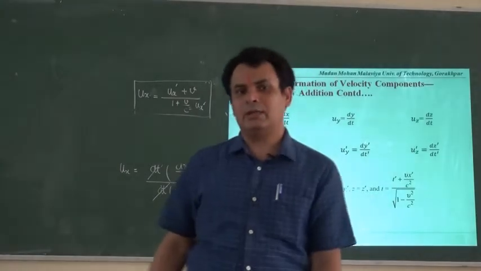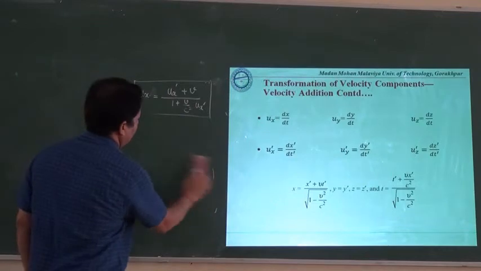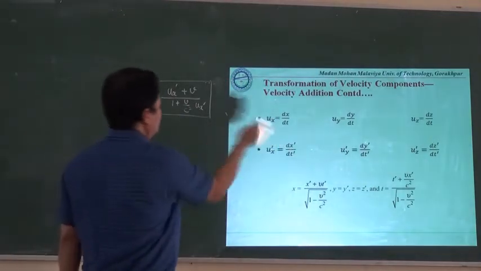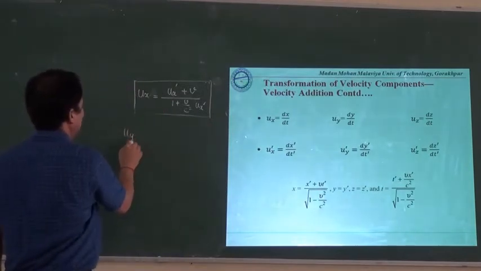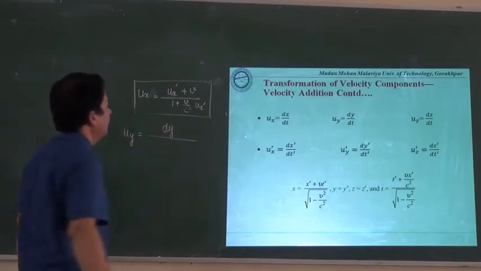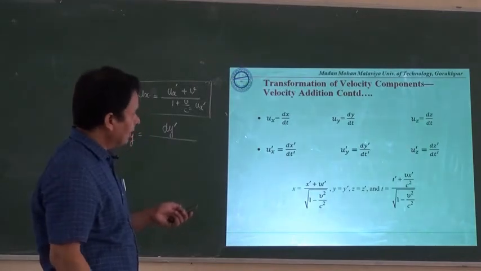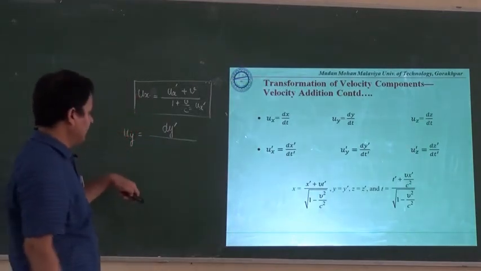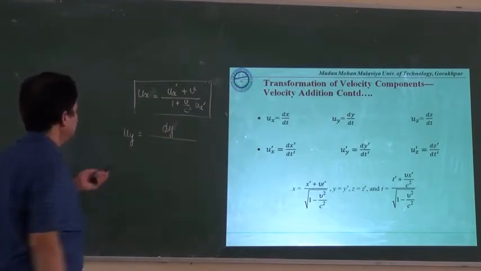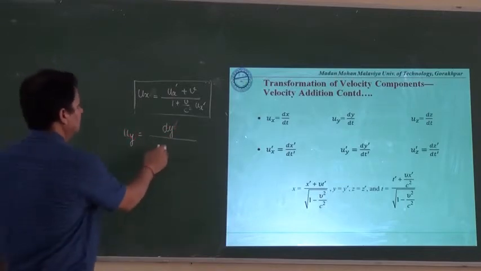Now we will talk about the transformation of the other components, that is the y and z components. Let us see what we will have. Obviously this uy component is dy upon dt.